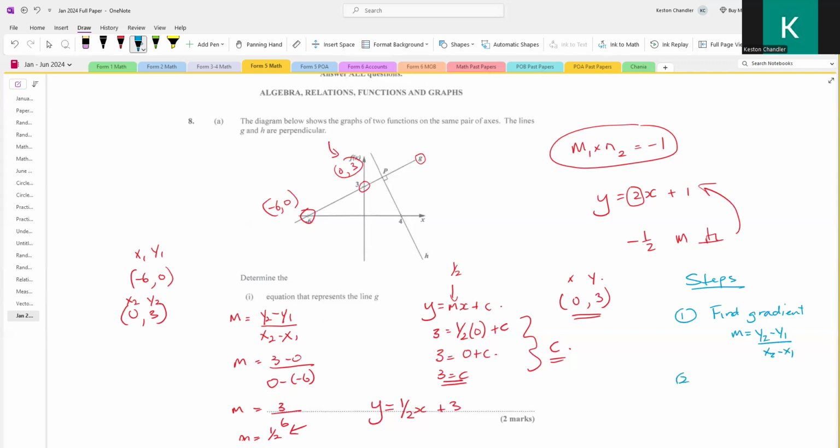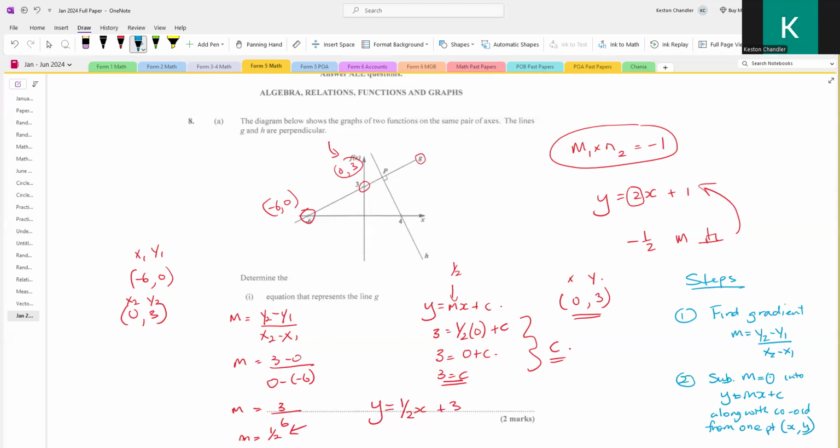Secondly, you're going to substitute the gradient, whatever you get for the gradient, into y = mx + c, along with coordinates from 1 point to give you x and y values. So that's what happened here, Solana.